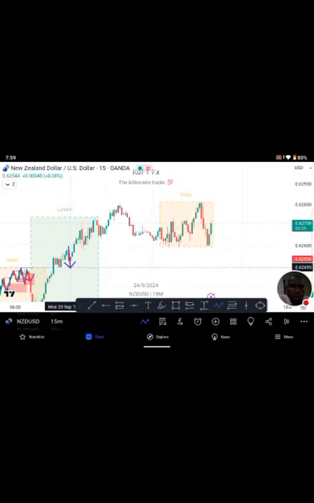You can see this. Compare this pullback with the other one we have there. It is quite different, as you can see. Then we have this.